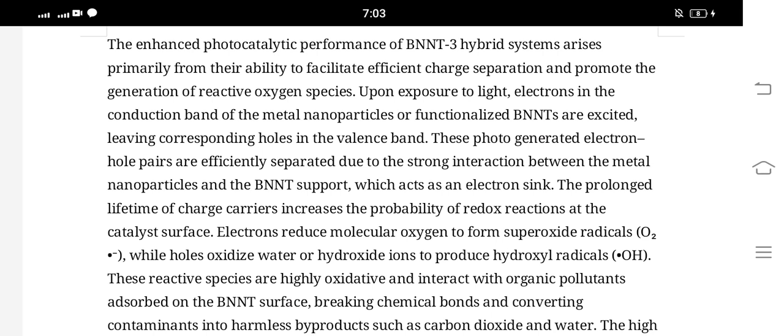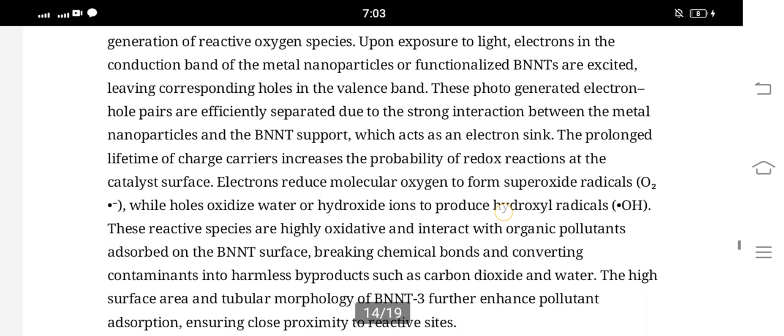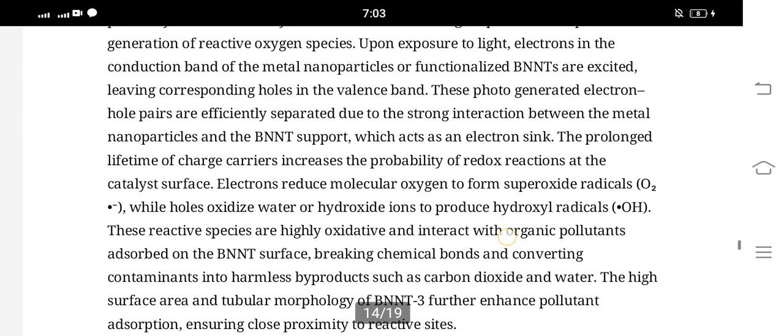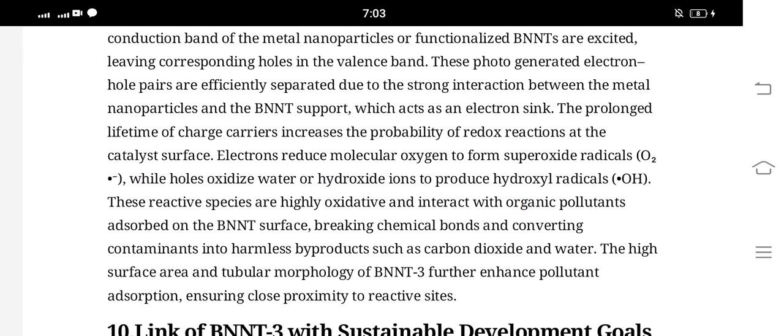These reactive species interact with organic contaminants, breaking chemical bonds and converting them into harmless products. Additionally, the high surface area and tubular morphology of boron nitride nanotube 3 facilitate adsorption and interaction with biological molecules, opening pathways for biomedical imaging, drug delivery, and antibacterial applications, provided biocompatibility is carefully controlled.